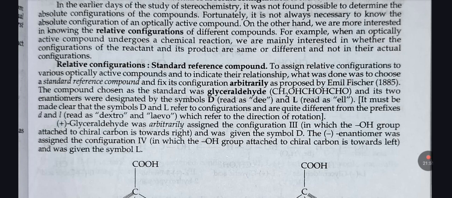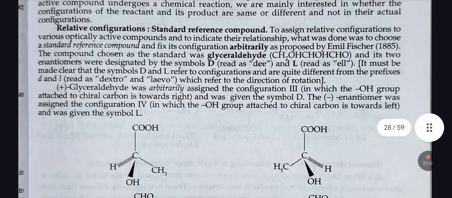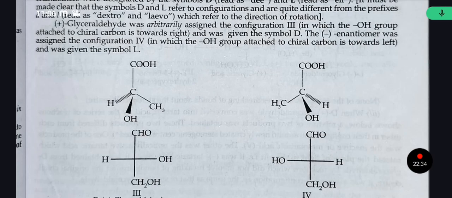Relative configuration: a standard reference compound is used to assign relative configuration to various optically active compounds and to indicate their relationship. What was done was to choose a standard reference compound and fix its configuration arbitrarily, as proposed by Emil Fischer. It must be made clear that the symbols D and L refer to configuration and are quite different from the prefixes d and l, read as dextro and levo, which refer to the direction of rotation.